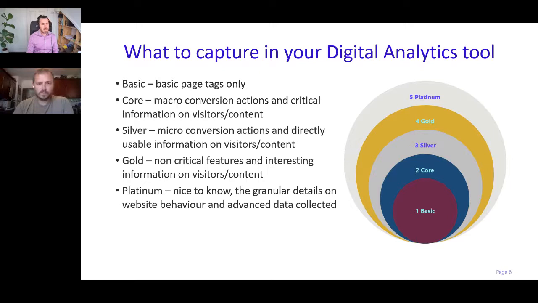Different people may differ to that. That's my absolute minimum requirements. Number 3, 4, and 5 is silver, gold, platinum. That is client specific. I've got ideas myself about what is typically more useful, but it also comes down to where the weak parts are on your website.